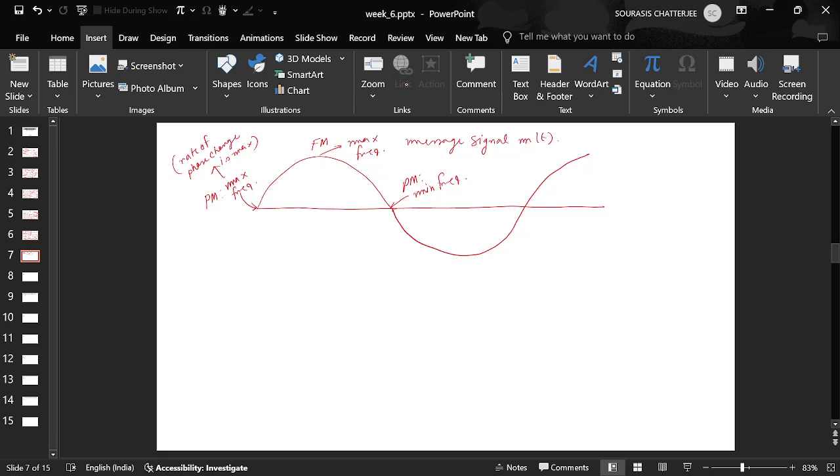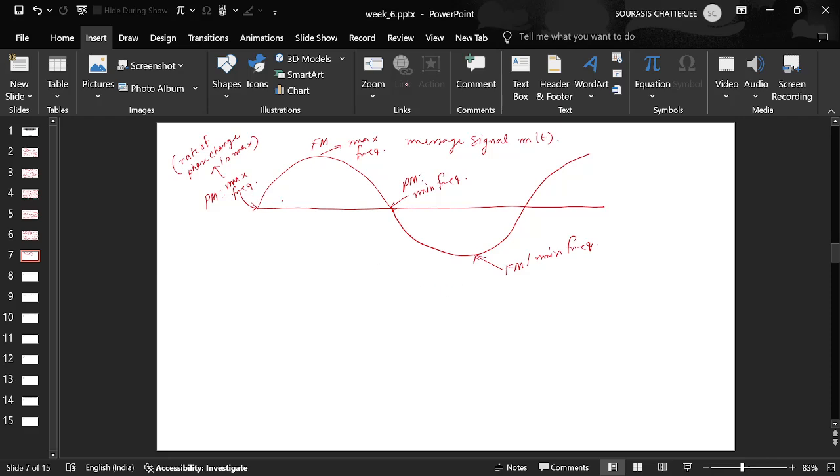Remember the expression fc plus kf, some constant, times mt. So when mt is minimum, that is when the instantaneous frequency is going to be minimum for the frequency modulated signal, and that is exactly happening here. This point corresponds to minimum frequency for the frequency modulated signal, because this is the point where mt is actually minimum.